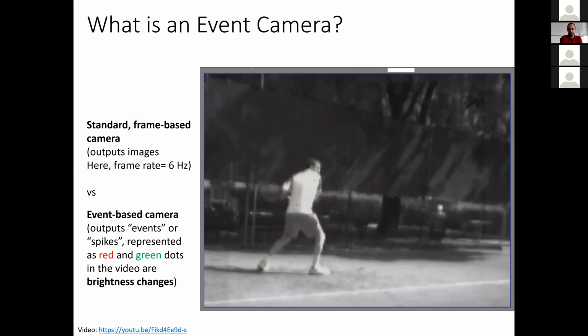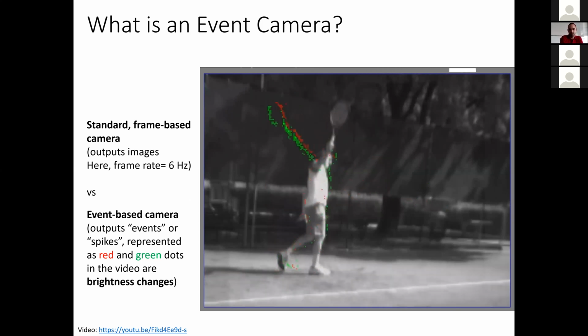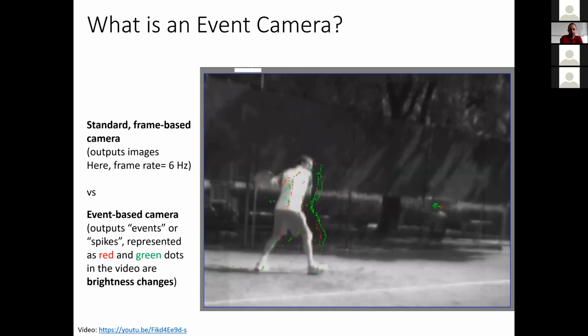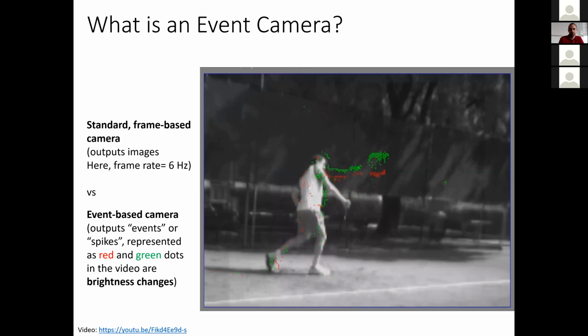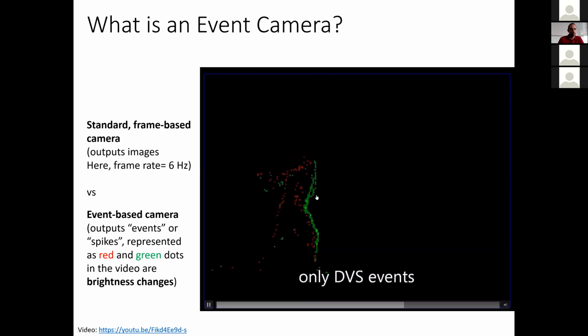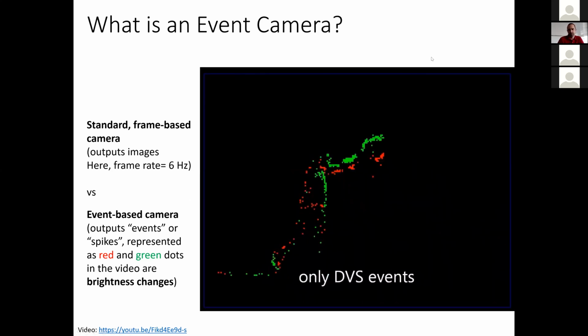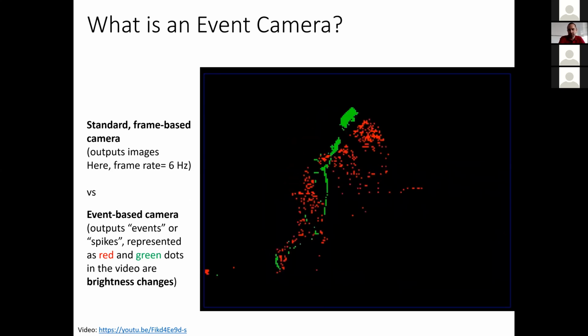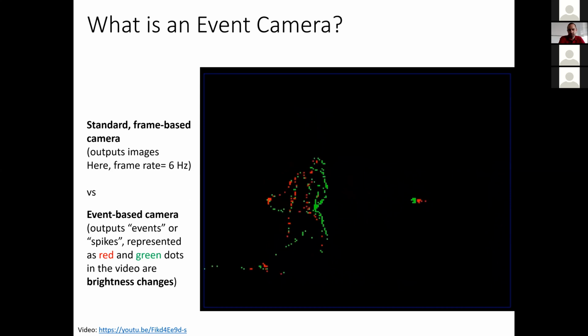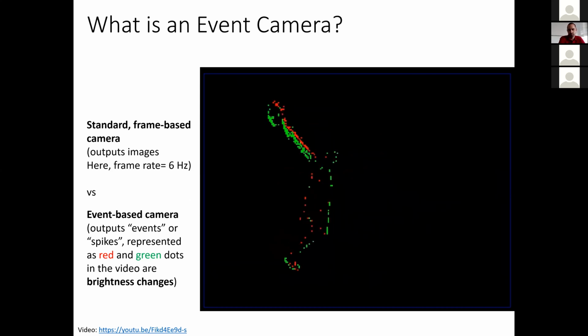In contrast, event-based cameras do not listen to an external clock. They just capture the data that we see here with these red and green dots as it happens. So they are basically trying to sample the scene based on the scene dynamics. And we see it's a much more continuous signal representing the motion.